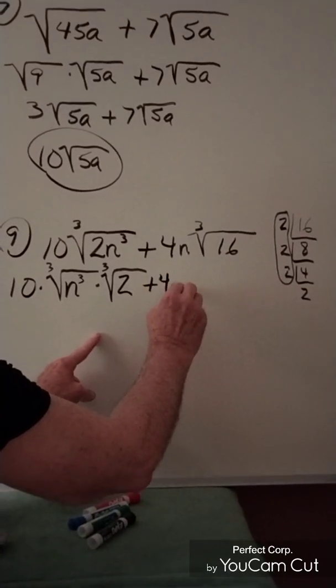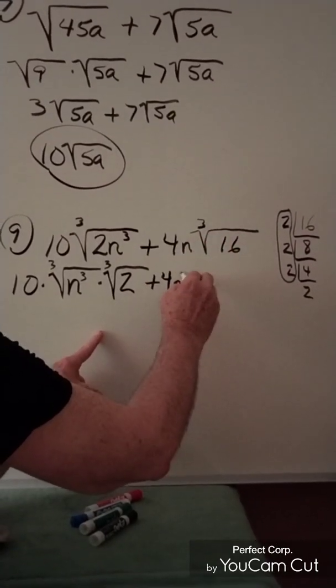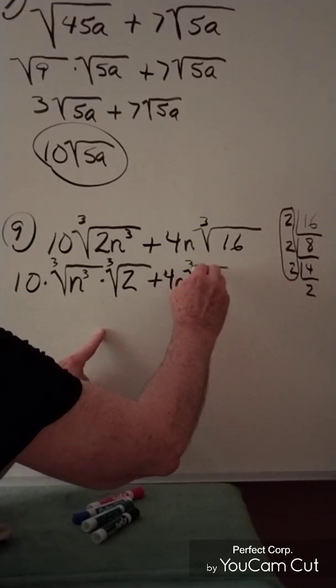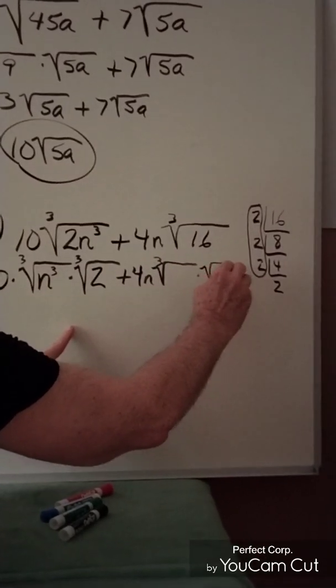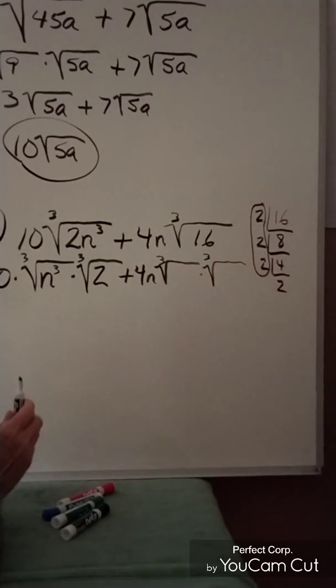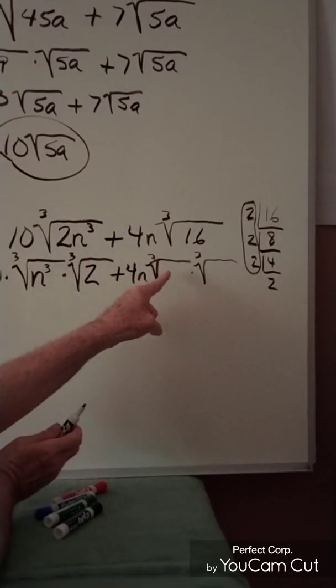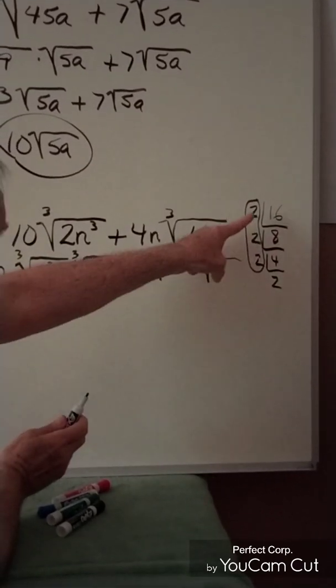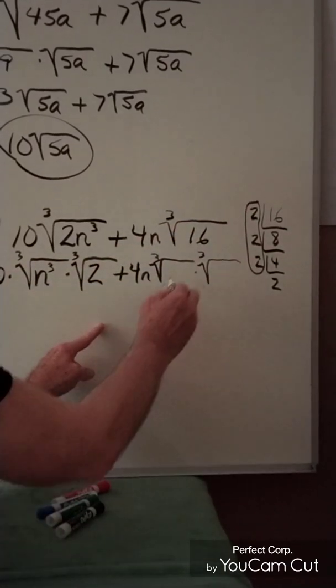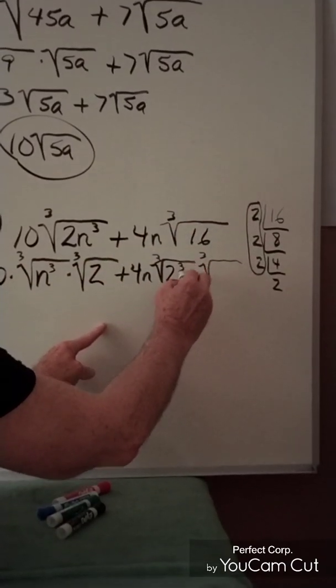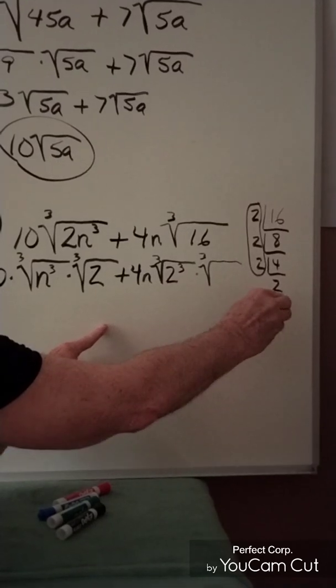Plus 4n, split him, times cubed root, times cubed root. Rational, 2 to the 3rd. Irrational, 2.